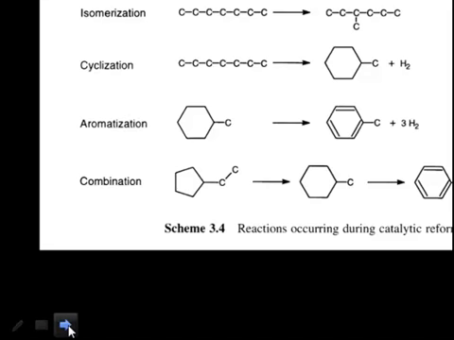So reforming, as the name suggests, means the products are reformed. There is isomerization, where we can have the isomerate, then cyclization, where the straight chain compound is converted into a cyclic one. This is an endothermic reaction. In aromatization, the cyclic components, after dehydrogenation, we can convert into the aromatic ring, and the combination, where we can use two or more processes simultaneously.